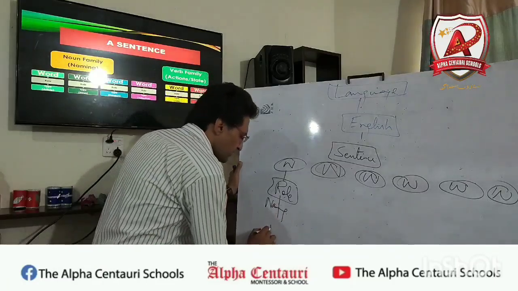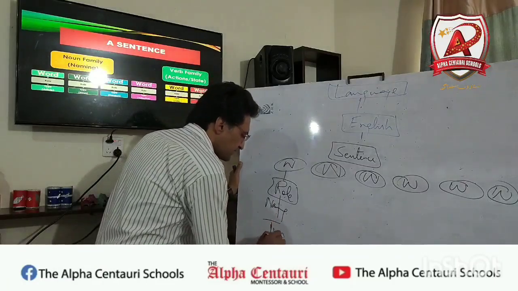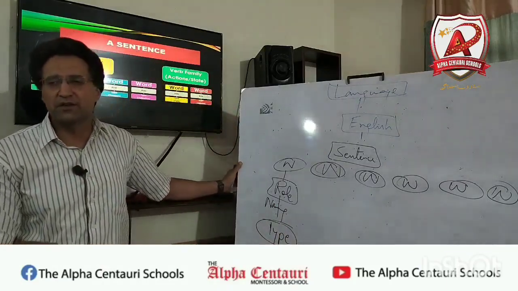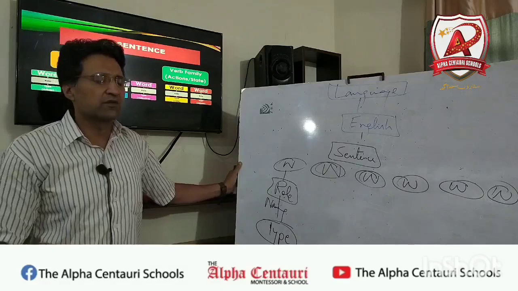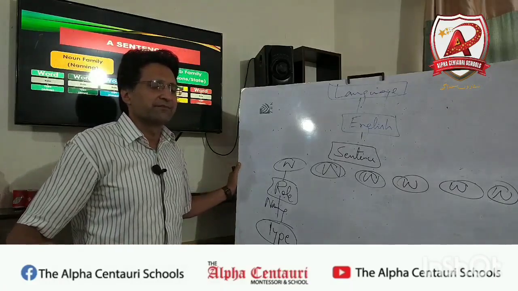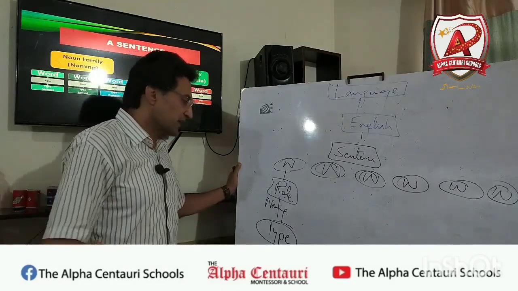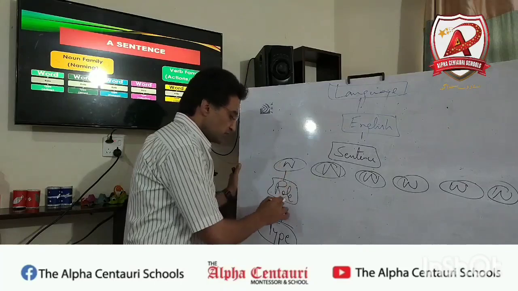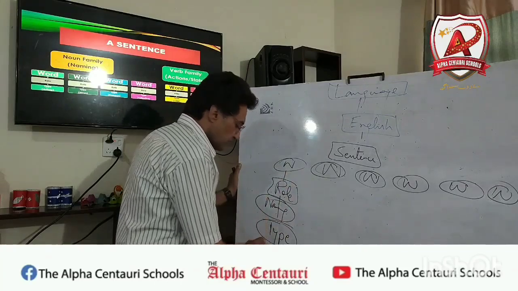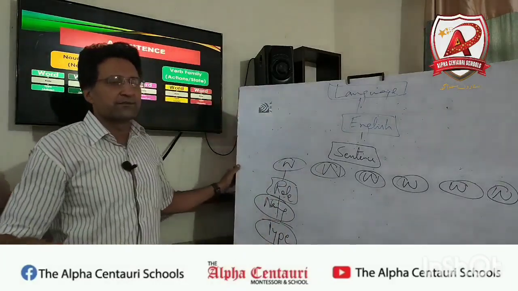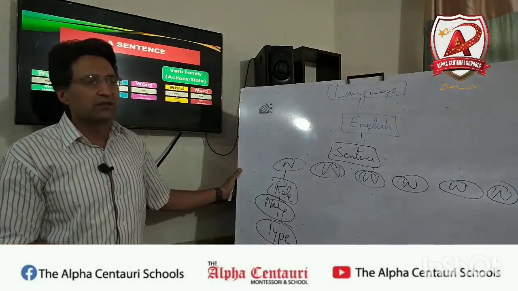This role defines its grammatical type, which you also call part of speech, or grammatical category. And this type where you use certain words for naming something, we call it what? Noun.